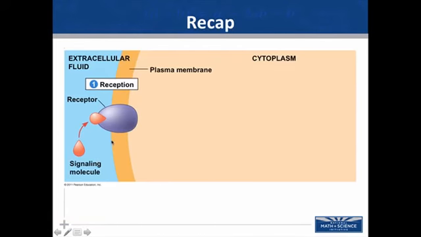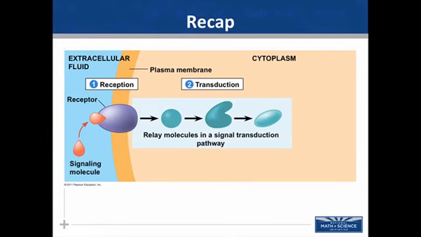So just in summary, when we look at the process of signal transduction, we begin with reception. Reception occurs when a receptor binds with a signaling molecule and forms a temporary complex of the two, the receptor and the signal molecule. Phase 2, or the second part of the signal transduction pathway, is the actual transduction, where the signal is converted into a form that the cell recognizes and responds to.